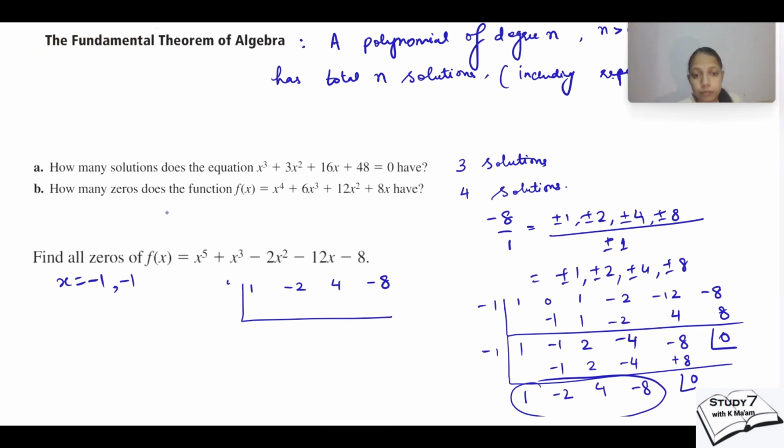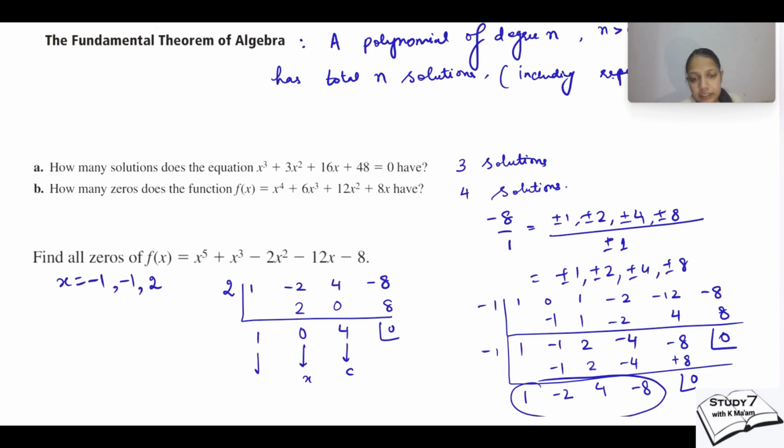Now try 2. 2 as this, 1 down. 2 ones are 2, 0. It's a 0, 4. 4 twos are 8. So yes, 2 works. x equals 2 is one of the remaining. This is left. I can write it as a simple quadratic equation.